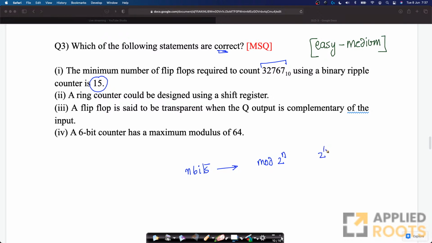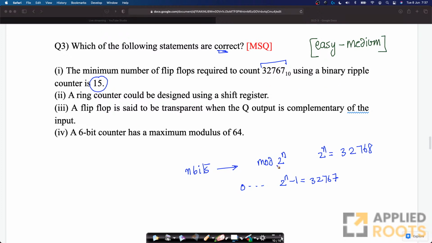Now if n is 15, what is 2 power n? If you just use a calculator, you'll know that this is 32768. So in mod 2 power n, you can count from 0 to 2 power n minus 1. What is 2 power n minus 1? It is 32767. That's what you want to count. The minimum number of flip-flops required to count this is 15.